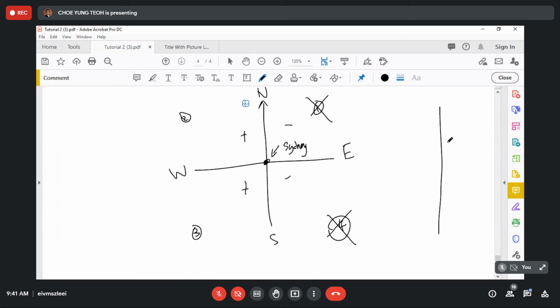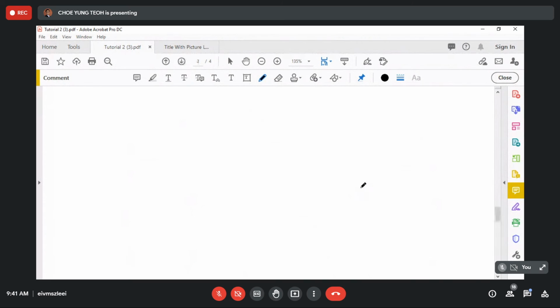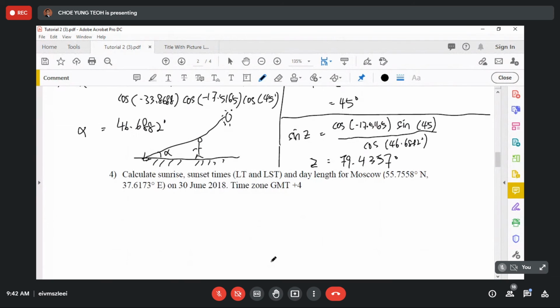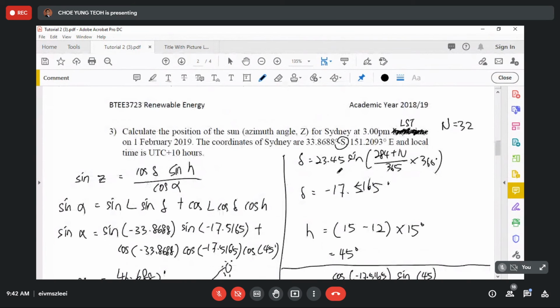Okay, then we have to draw the Earth. And this is the north. Middle line is the equator, not the east, it's the equator. Okay, so location of Sydney. Location of Sydney is 33.8688 to the south.